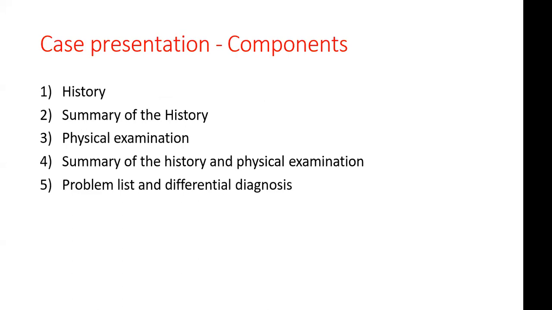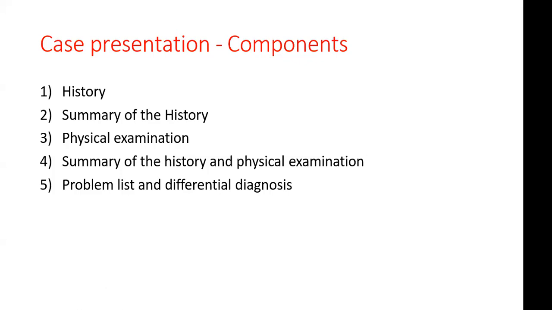Now, whatever the case, when you are presenting a case, and this you will practice doing in your second appointment, there are certain things that you would do. For each case that you see, you have to have these 5 components, right? What are these 5 components? Obviously, the history.